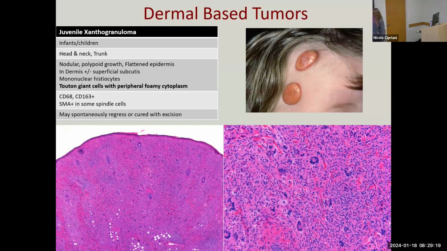With essentially histiocytes with giant cells just filling the dermis, going right up to the skin. It's classic. So if you want to stain them, they're again fibrohistiocytic, just like a dermatofibroma, right? They can stain for histiocyte markers, they can stain for SMA, but you usually don't need it because the H&E is so characteristic.